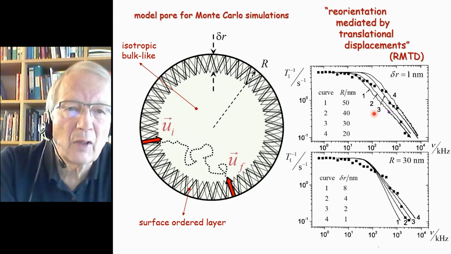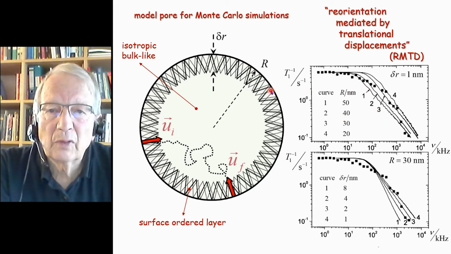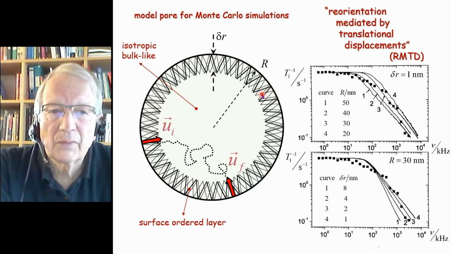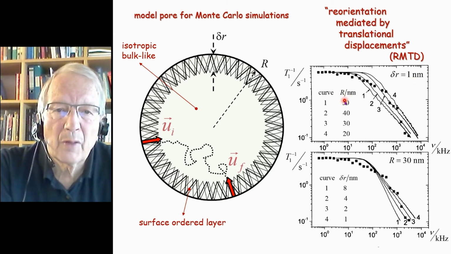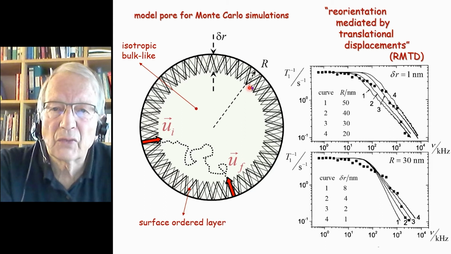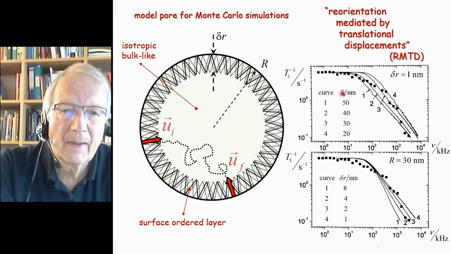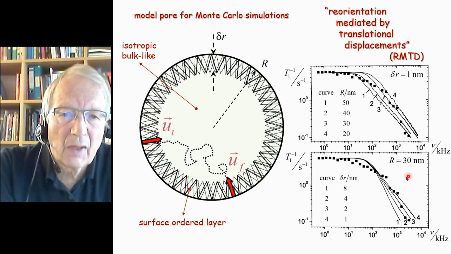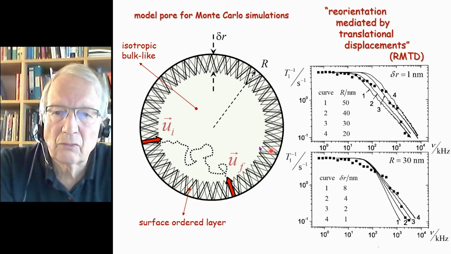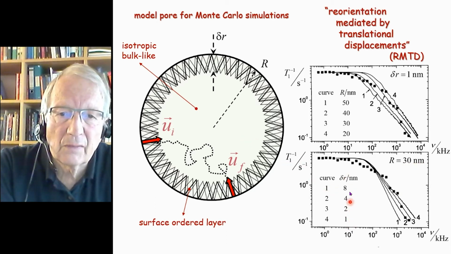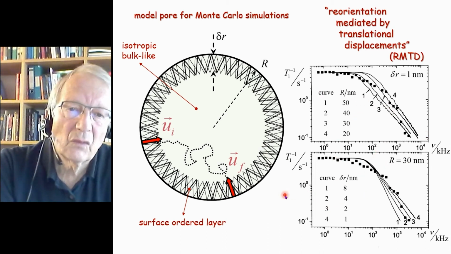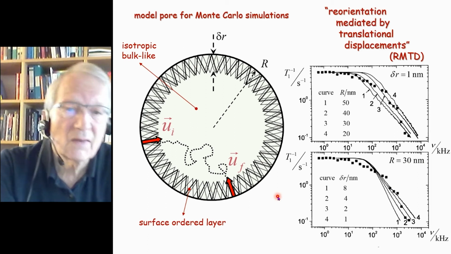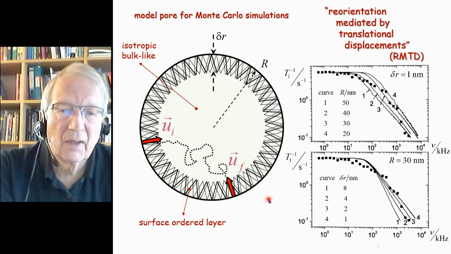In the upper plot, we have assumed a constant width of this layer, 1 nanometer, and as a curve parameter, we have varied the radius of this hollow sphere. And in the second plot, we have assumed a fixed radius, and we have varied the width of this surface layer. In both cases, we get a rough coincidence of these predictions.